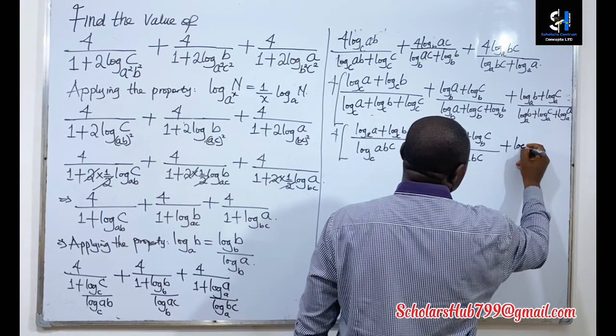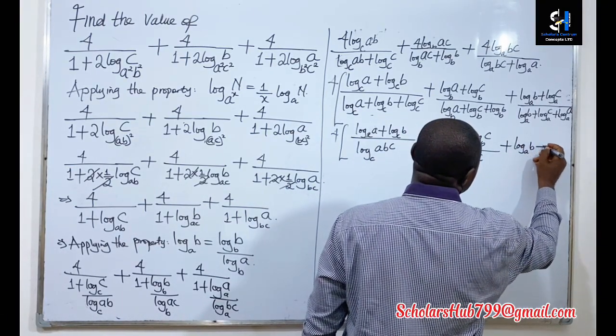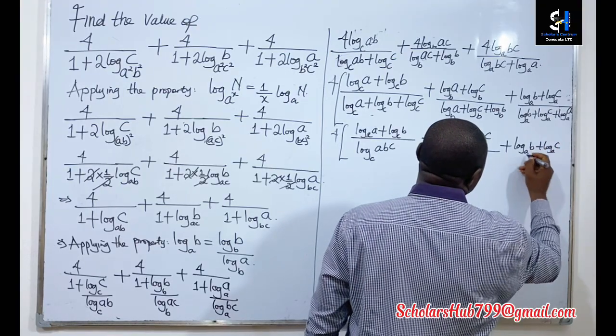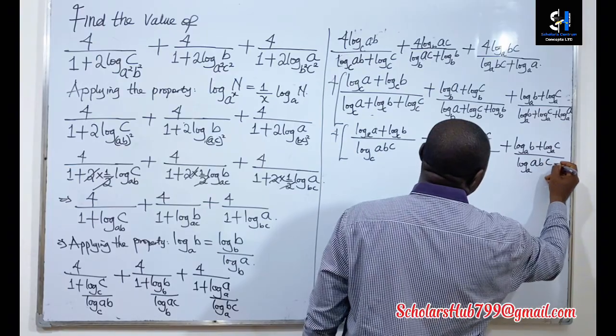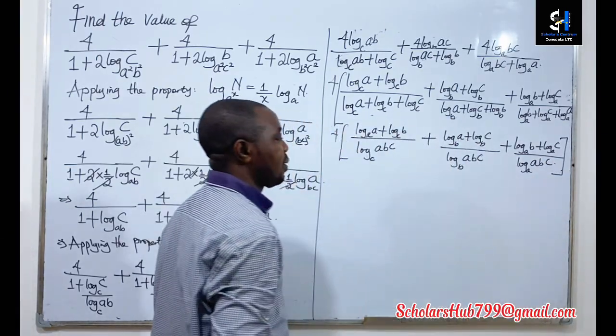Then plus logarithm to base A of B plus logarithm to base A of C divided by logarithm to base A of ABC, close parentheses.